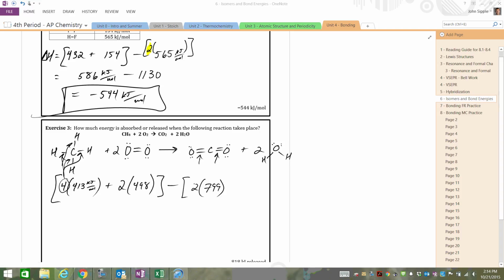That's where that 2 is coming from. And then finally here we've got water. We only have H and O bonds, but how many total H-O bonds?